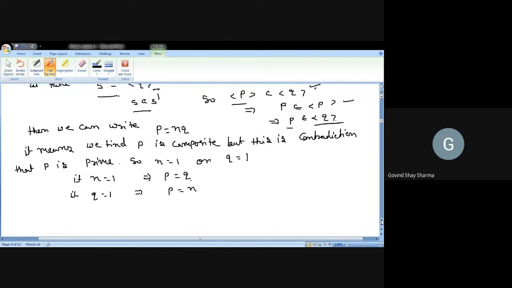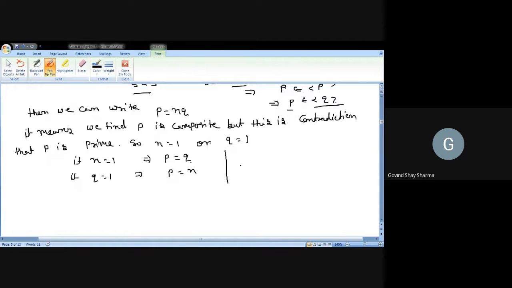Now if P is equal to Q, then the P generation set is equal to the Q generation set.